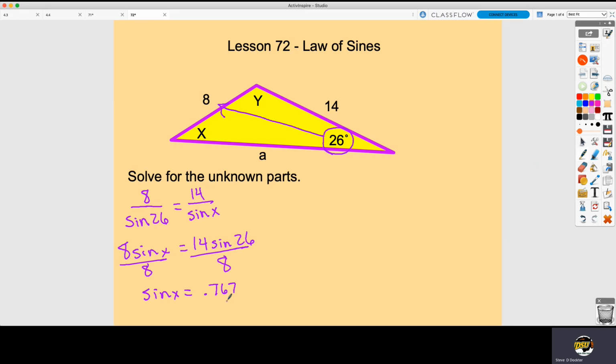Okay, now it is very important for these to not round. All right, this is rounded so that I can show you what I'm doing, but when I use this in my calculator, I'm going to use the entire decimal here. All right, so then to get x by itself, we're just going to move the sine over to the other side, and that's going to be using sine inverse of that decimal.